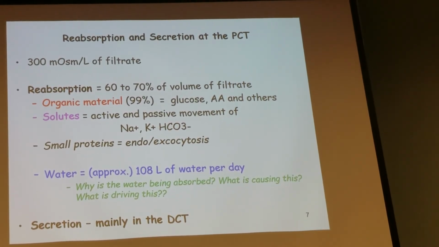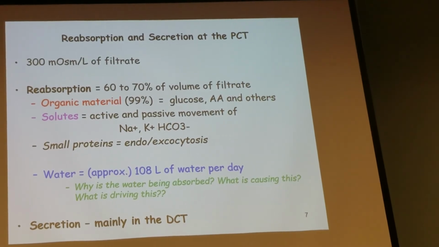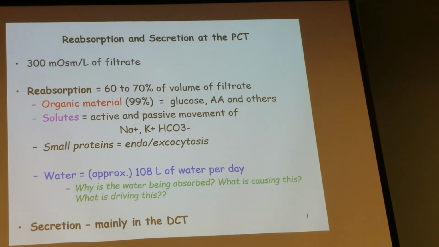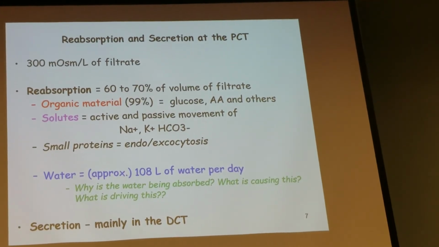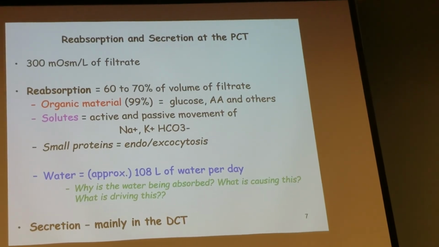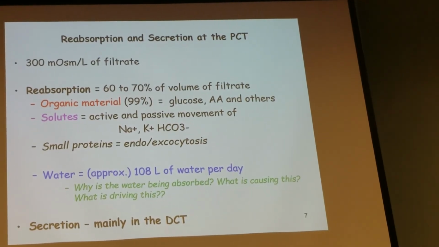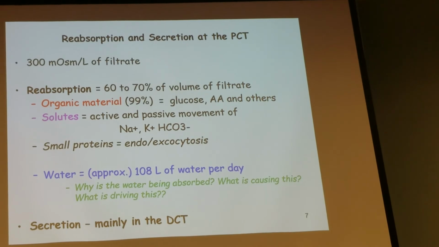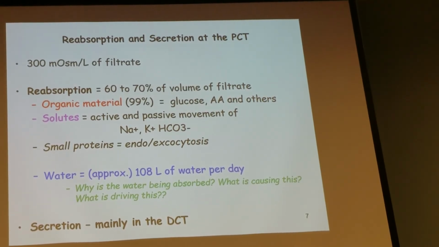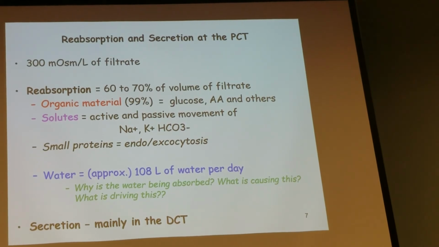And if that filtrate is mainly plasma, and plasma is mainly water, of that 180 liters, you are reabsorbing 108 of that 180. That is an awful lot of reabsorption. So in that 108 is 99% of your organics and the majority of your ions.